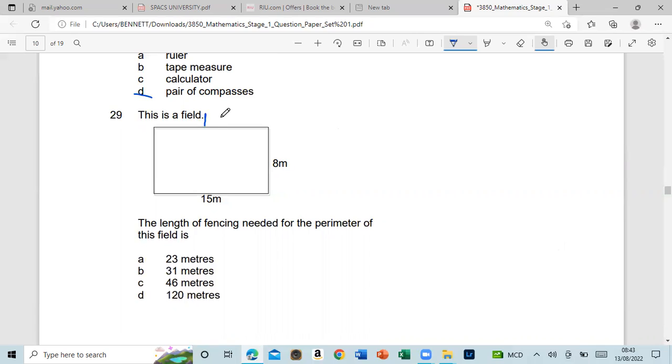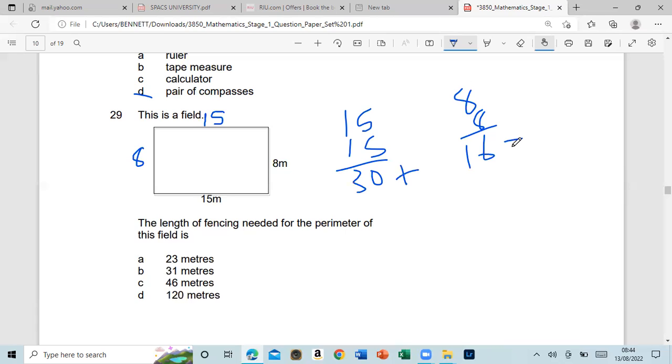Very good. So this would also be 15. So this would be 8. Everyone follow? So perimeter means the total distance around. So we add all the values right round, right? And as he says, 15 plus 15, that's 30. And then you add 8 plus 8, right? Or you can add it another way and then add these two. So 30 plus 16 equals 46. You are correct.